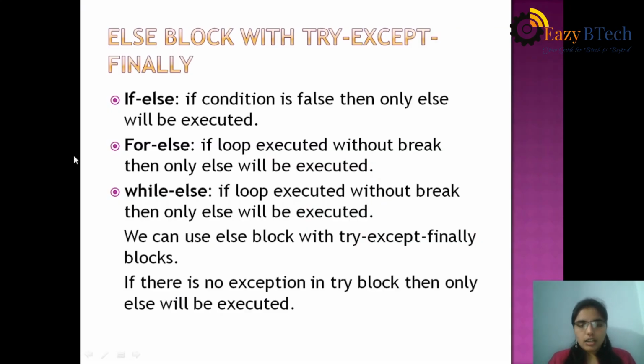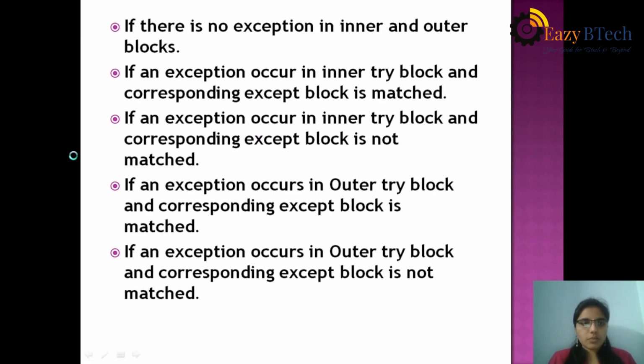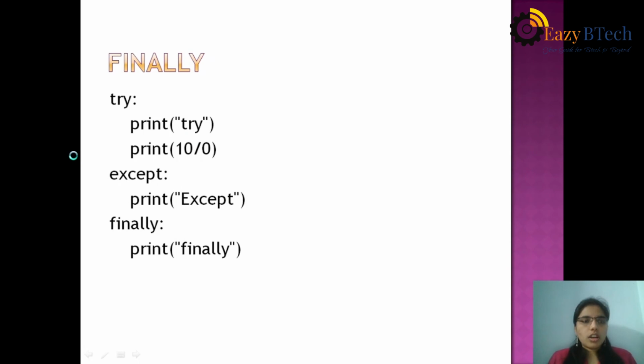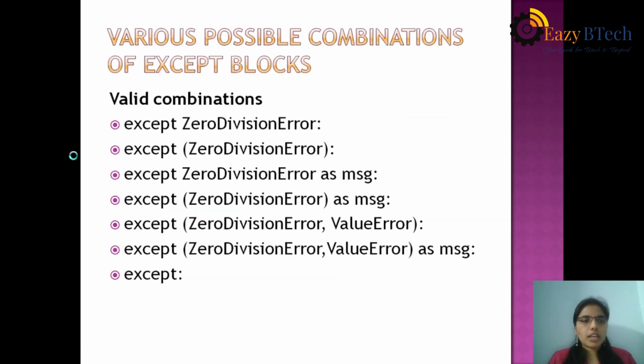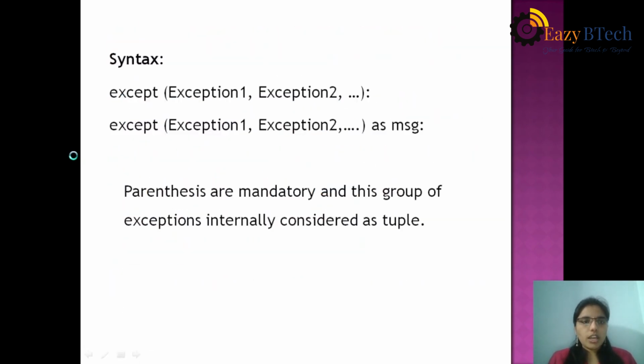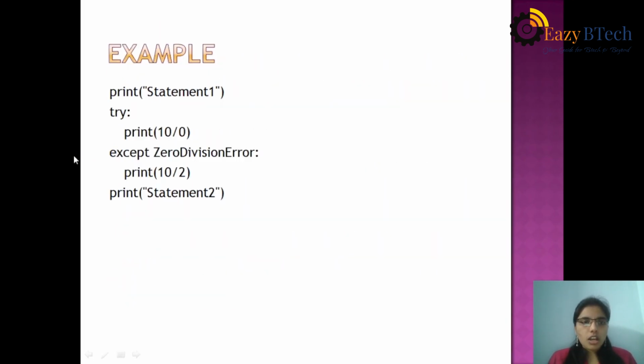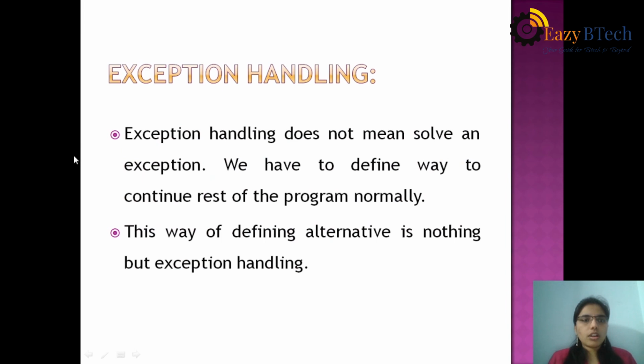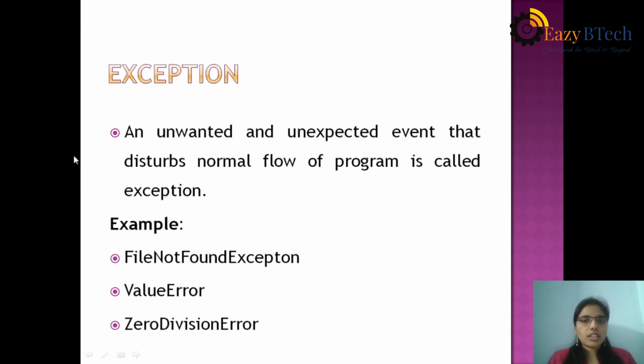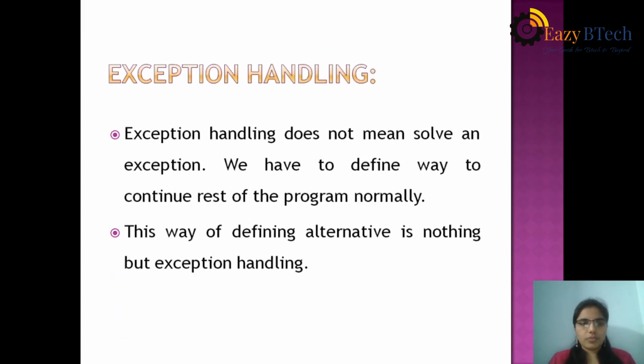So these are the concepts of exception handling. Now the exception handling topic is completed. What is an exception? An unwanted or unexpected thing that happens and disturbs the normal flow of the program is an exception.